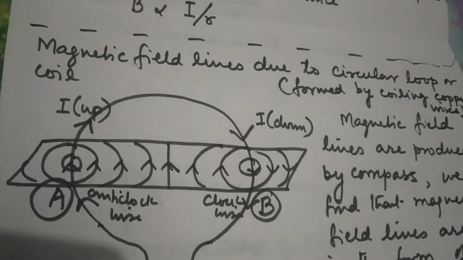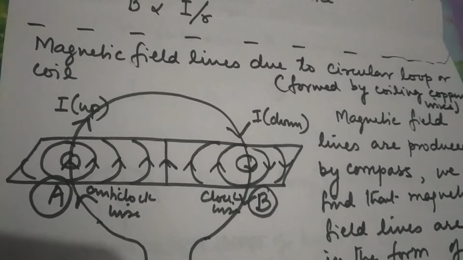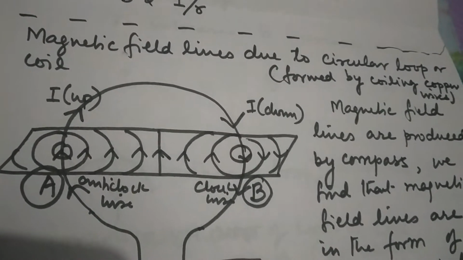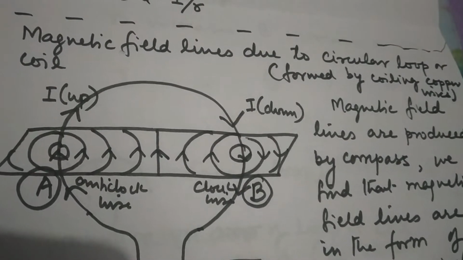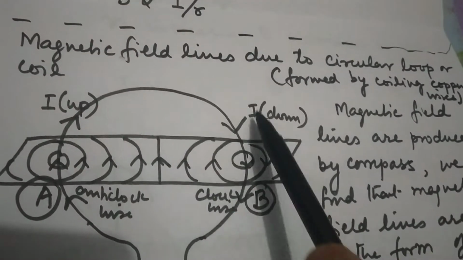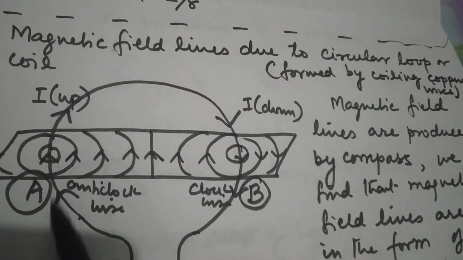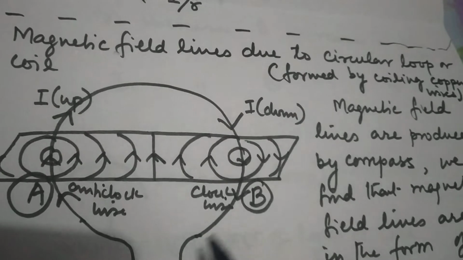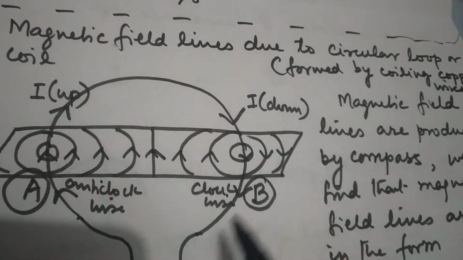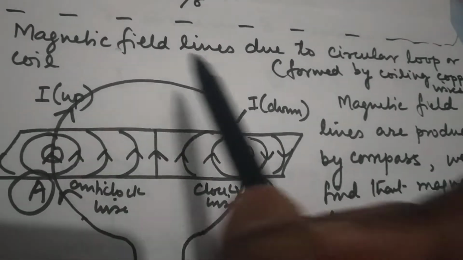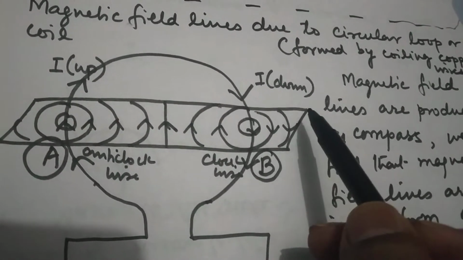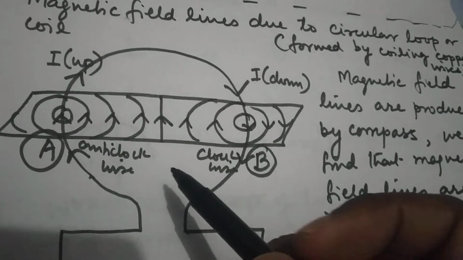These contents should be clear before we go to the next one. Today we will be studying the magnetic field lines due to a circular loop, or formed by a circular coil. Please see, students, that we have made a circular coil by winding a large number of turns of insulated copper wire. We wind the insulated copper wire one over the other to make a number of turns, and then draw the magnetic field lines, exactly the way we did for the straight conductor.